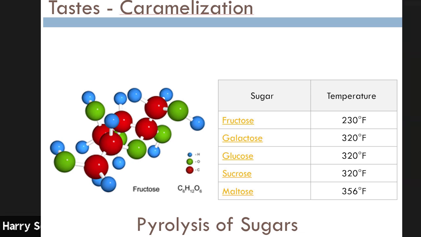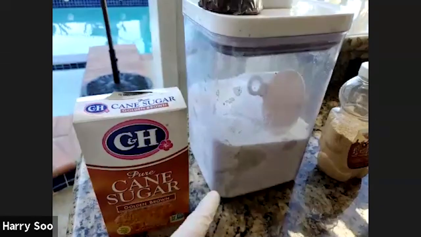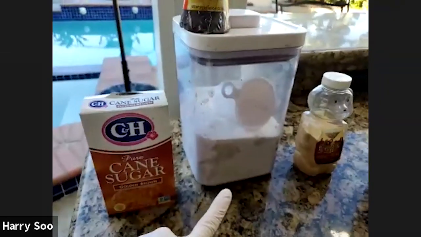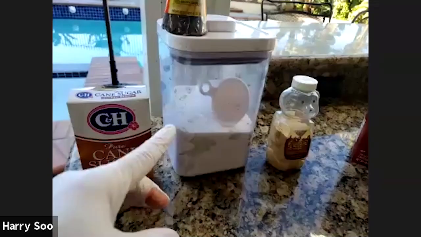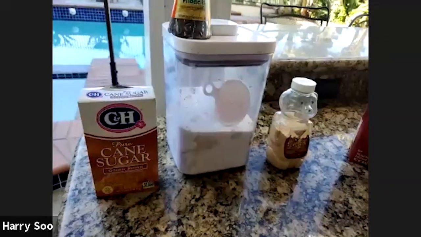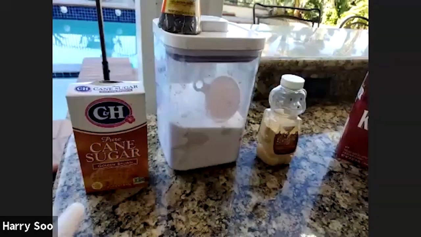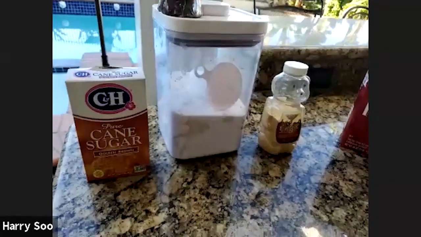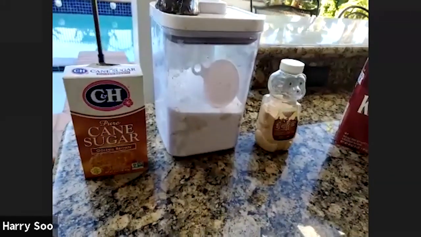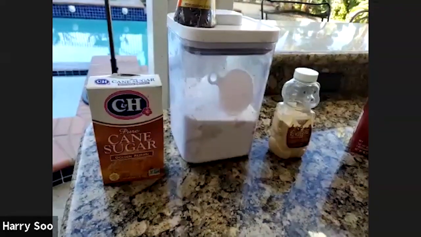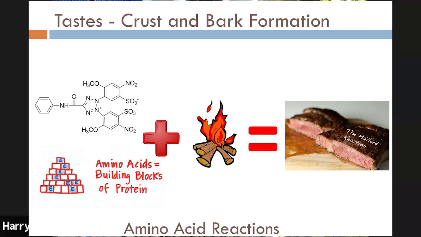What is important in the barbecue world is that you need the sugars for the chemical reactions that happen. Specifically, a little bit of the sugar is needed for the Maillard reaction, which is the non-enzymatic pyrolysis of amino acids in the presence of a moist environment.